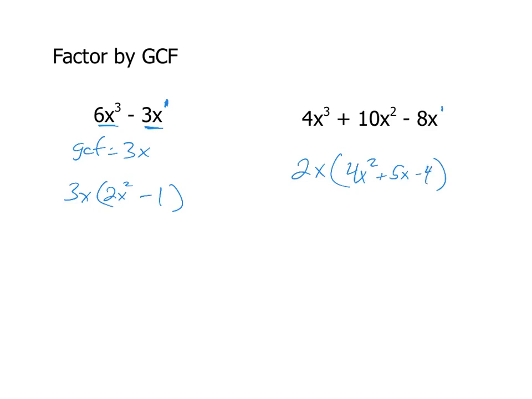But I made a mistake there. That's not a 4x squared. That's a 2x squared. My apologies on that. So that's a 2x squared. That's factoring by our GCF method.